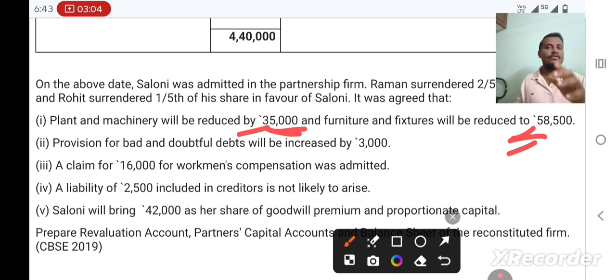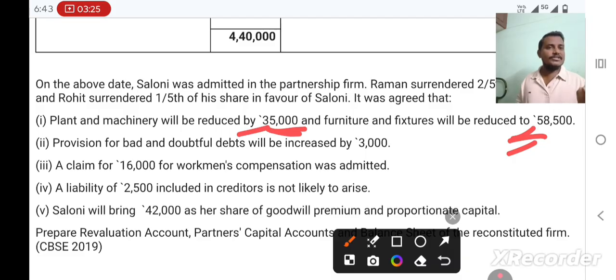For example, plant and machinery will be reduced by 35,000. So I am recording to plant and machinery. It is reduced, so decrease in asset will be recorded on the debit side of the revaluation account. So to plant and machinery 35,000.